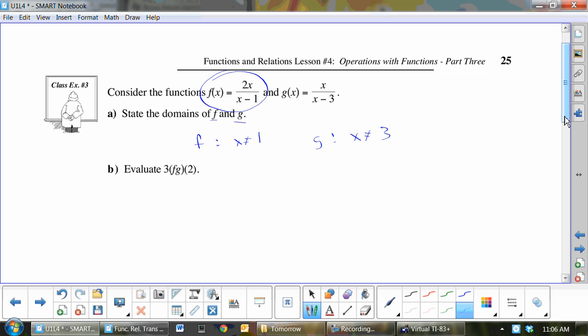This is 3 times fg at 2. Now, does everyone understand the 2 goes inside? It goes wherever there's an x, right? And 3 takes everything and multiplies it by 3.